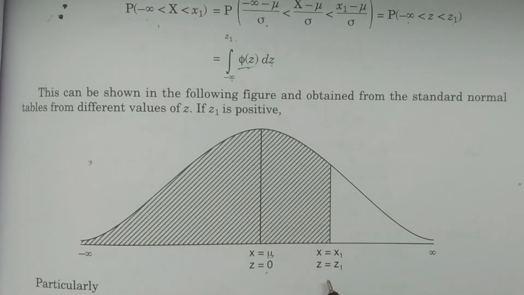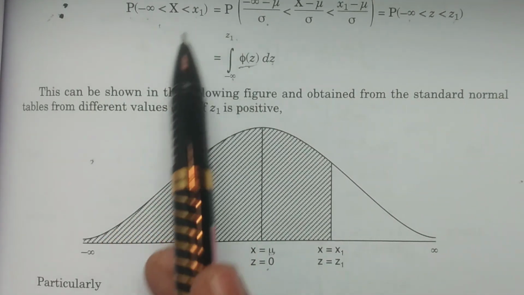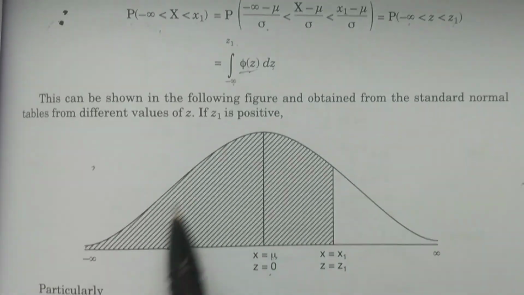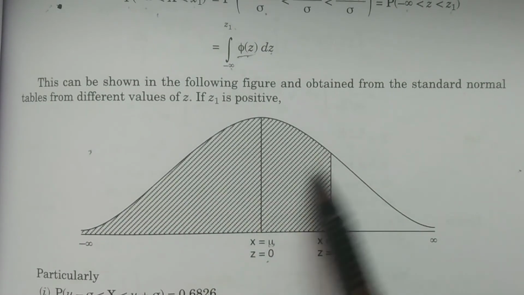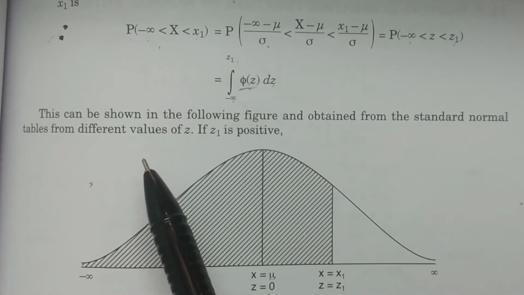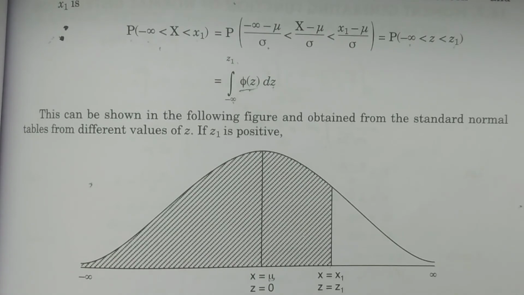Right? Now you see, what is the area required here? Probability of x between minus infinity and x1 is this area required. We have converted it in terms of z. Why? What is the need? Because the entire statistical tables of the normal distribution have been constructed in terms of the standard normal variate only.